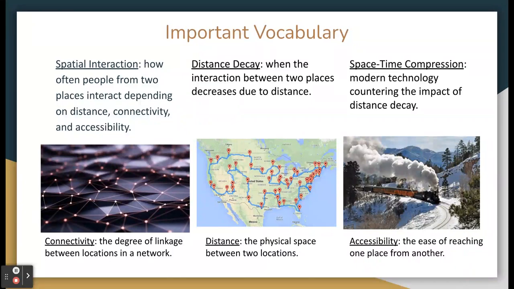Distance decay is when the interaction between two places decreases due to distance. Space-time compression is when modern technology counteracts the impact of distance decay. For example, more modern modes of transportation that are efficient and safer may lead to people traveling farther to attain a good or service or to visit family.